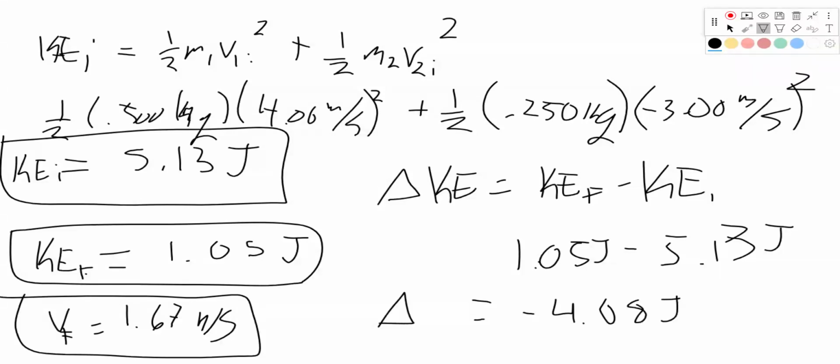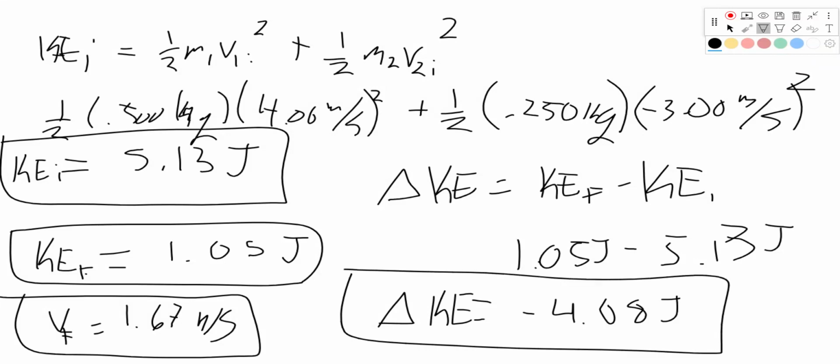That's our change in kinetic energy. And the negative sign indicates that they were indeed correct with the assumption that they made in the practice problem where they said it would be a loss of energy. The negative sign indicates that the energy is lost.